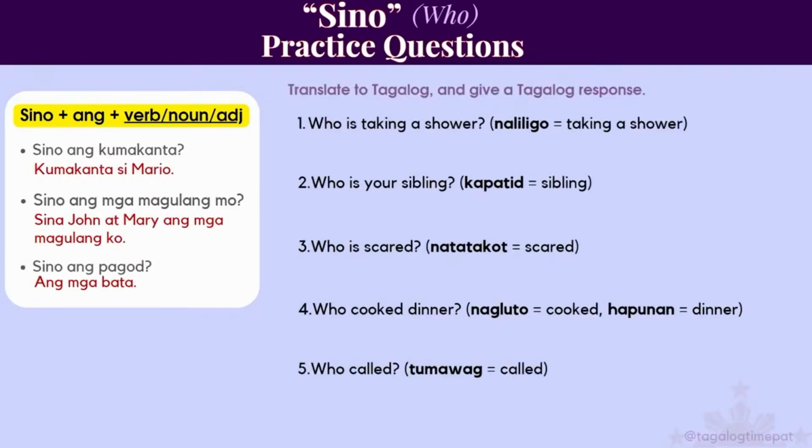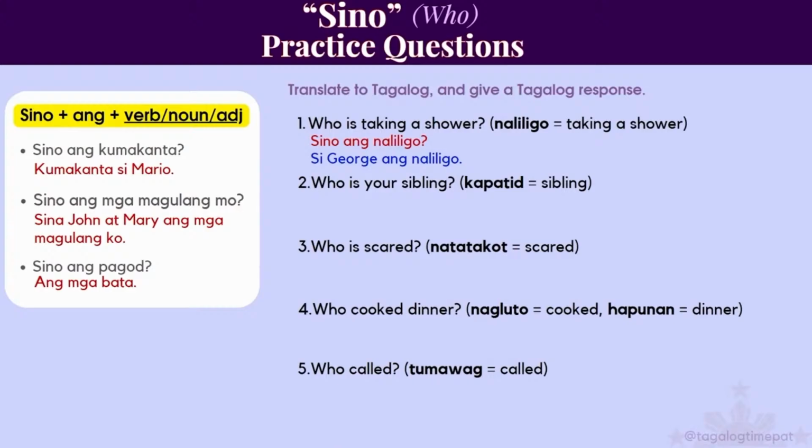And let's do number 1 together. Who is taking a shower? Naliligo means to take a shower or taking a shower. So it would be sino ang naliligo. Sino ang plus the verb. Sino ang naliligo? Easy, right? The response, si George ang naliligo.